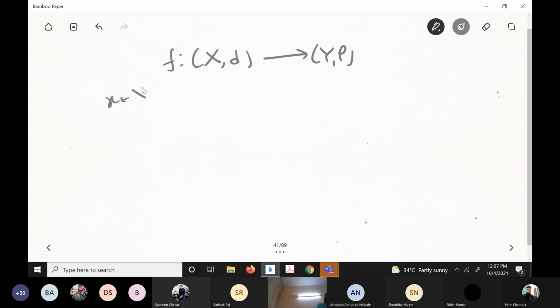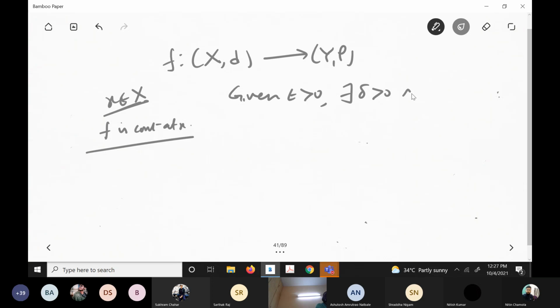Suppose x belongs to X. F is continuous at x. It means given epsilon greater than 0, there exists delta greater than 0 such that d of x, x prime less than delta implies rho of f x, f x prime less than epsilon.